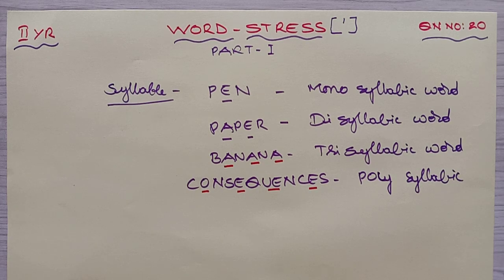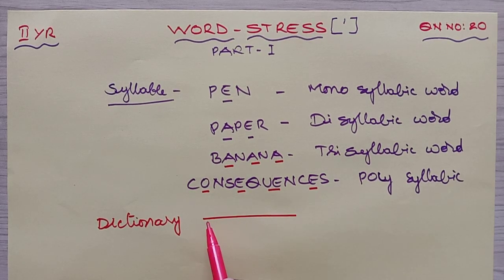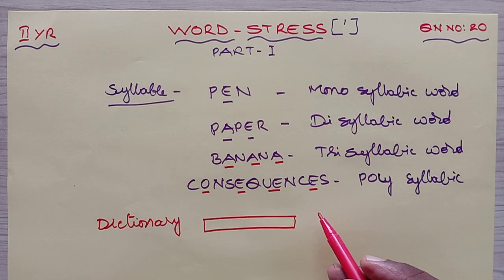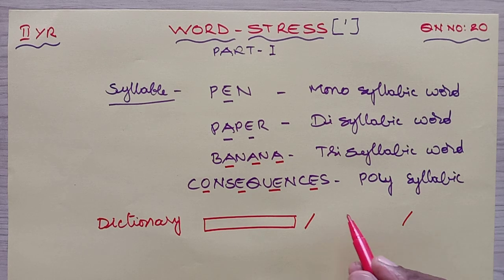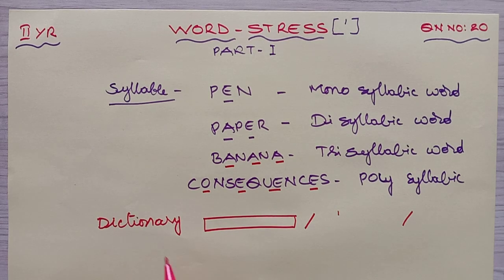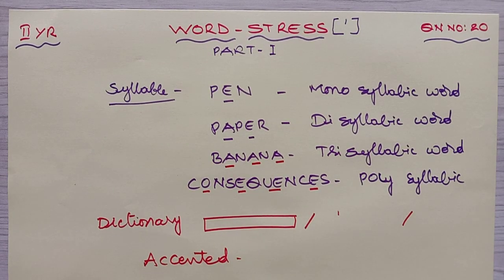Otherwise, if you refer to a dictionary, they will give you a word, and after this they will give the phonetic transcription, and in the phonetic transcription they will mark stress, meaning this particular part is accented. What is it called? Accented. It means more stress is given on that particular syllable.